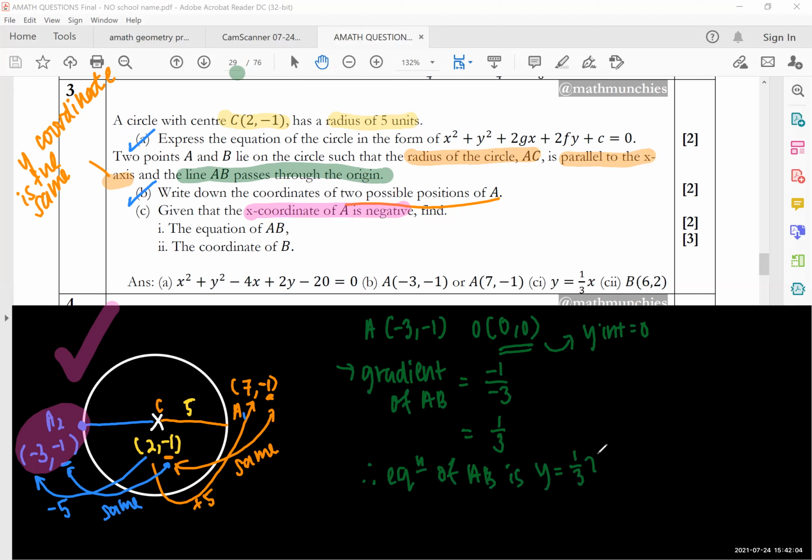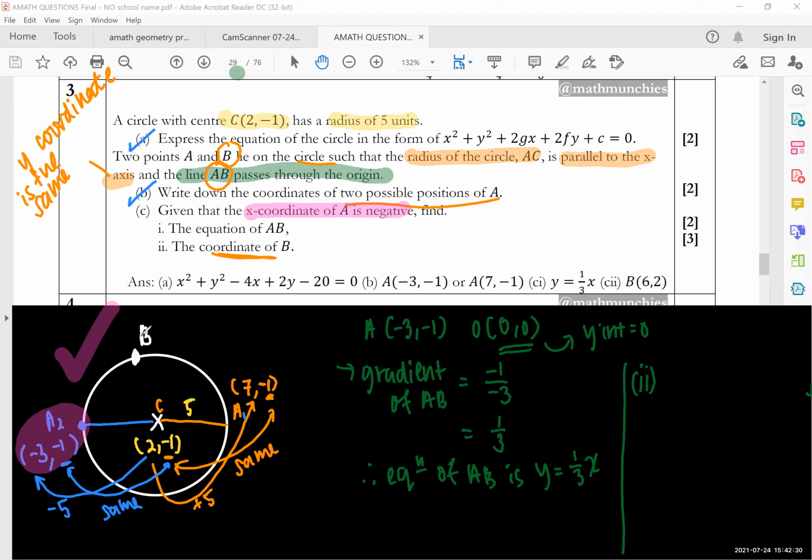Okay, now this is the part that you are not sure about. So how are we going to do part 2? Part 2, they want you to find the coordinate of B. Did they give me any information on the coordinates of B? They tell me that B lies on the circle. I don't know where it is, but B lies on the circle. Do I have the equation of the circle? Yes.